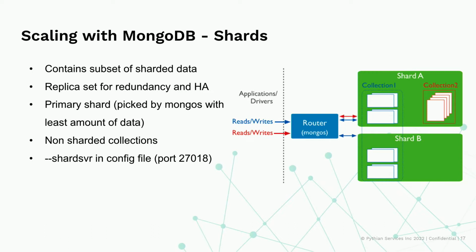The balancer will have the information about all the shards based on the dbStats command, and the primary shard is assigned to the one with the lowest data size. So initially, when you shard a database, it has a primary shard already assigned. Any additional databases that you create across the shards will be assigned a primary shard that has the lowest data size. And that is important for the balancing and the data distribution.